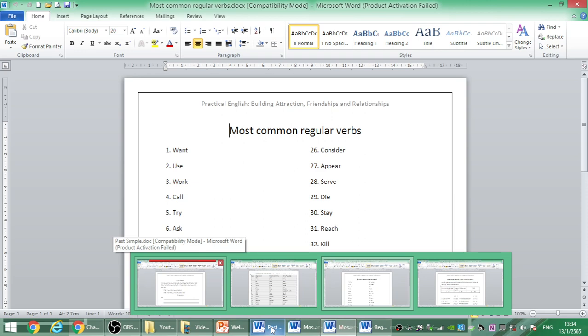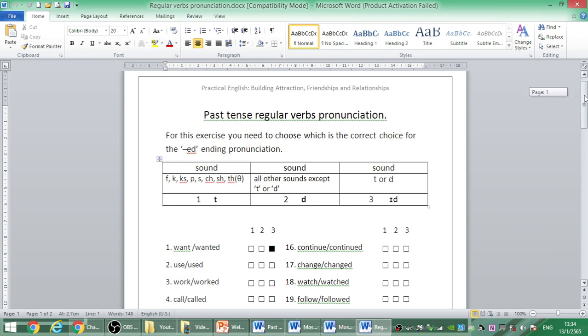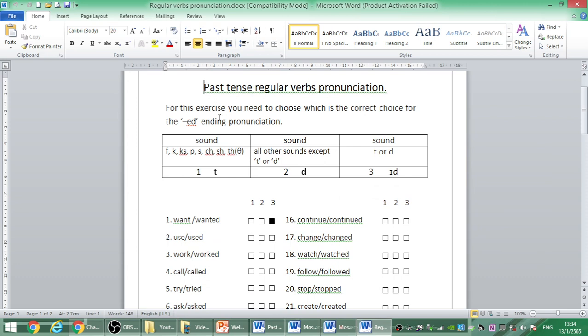In another link it will take you to this exercise here based on the pronunciation. For this exercise you need to choose which is the correct choice for the ED ending pronunciation. Again, here are the rules. Final sound F, K, X, P, S, Ch, Sh, Th: we use the T sound. If the final sound is T or D in the verb, use ID.